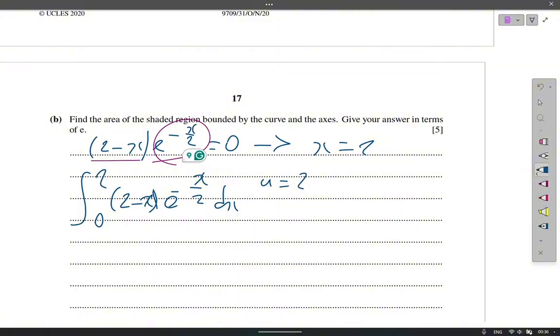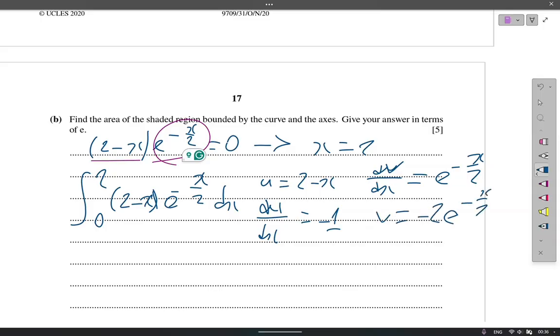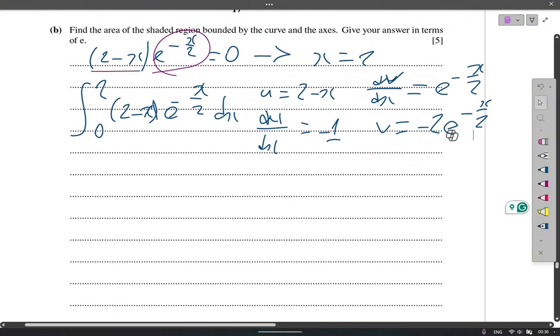So I'm gonna choose u as 2 minus x, which gives just -1. dv dx is here, and this one.